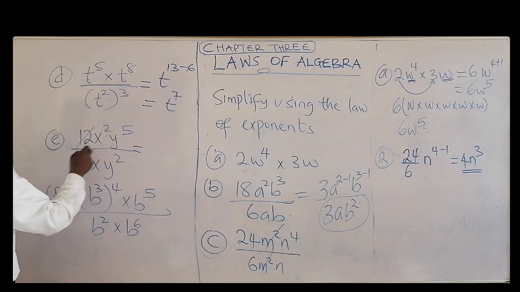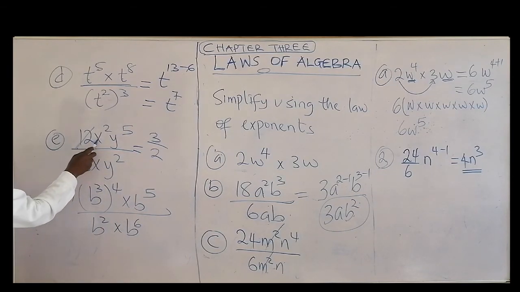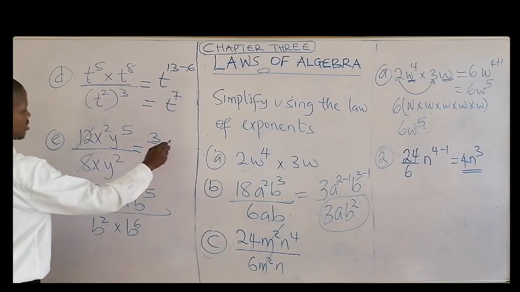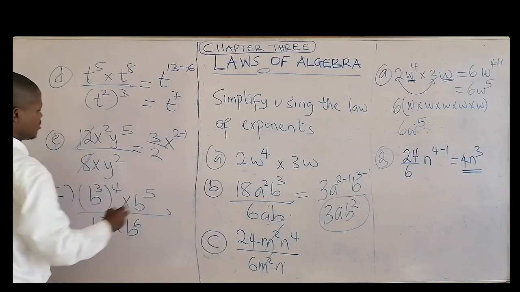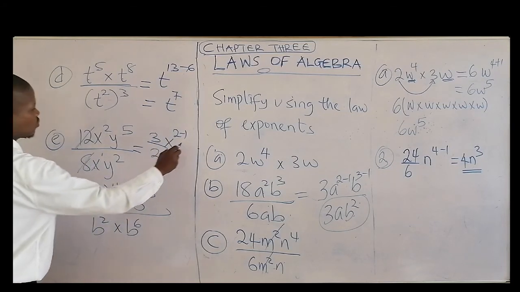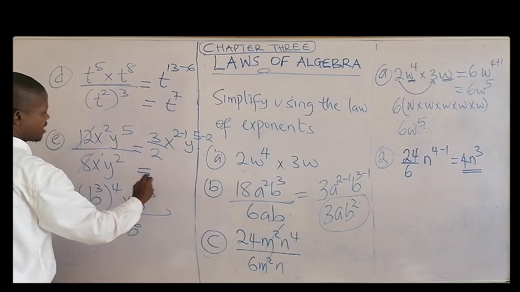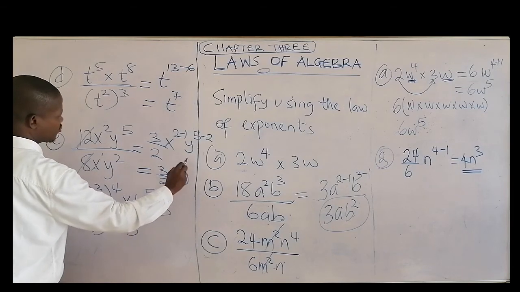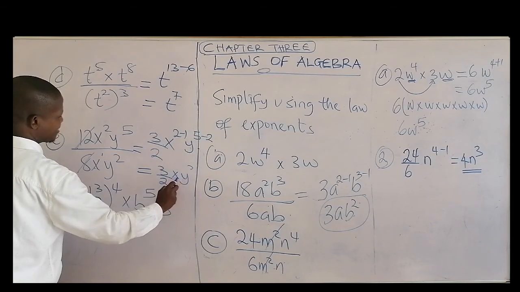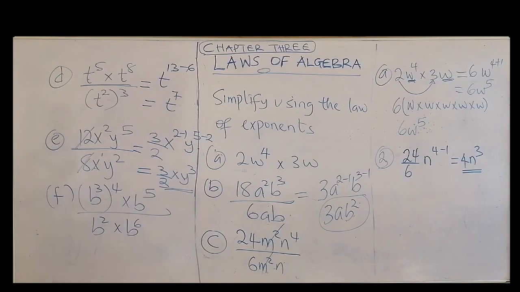No, 4 goes there, that's 3. 4 goes there, that's 2. Then here, we have 2 of this here, we have 1 here. So that'll be this, or 2 minus 1, because this one is having 1. And then y to power 5 minus 2. So the final answer for this one will be 3 or 2x to power what? x times y to power 3. So that finishes that question.